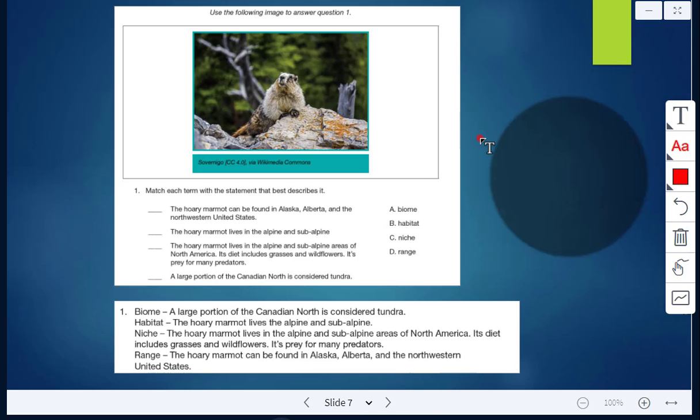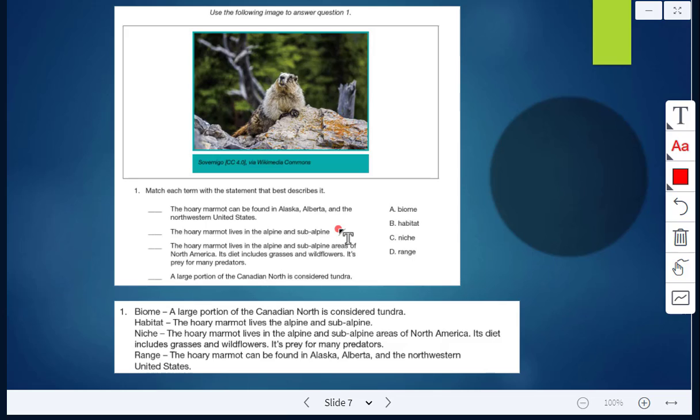All right, let's take a look at some more questions here. Question 1 is a matching question: match each term with the statement that best describes it. Let's look at our first statement. The hoary marmot can be found in Alaska, Alberta, and the northwestern United States. We would have to match it to either the biome, habitat, niche, or range.